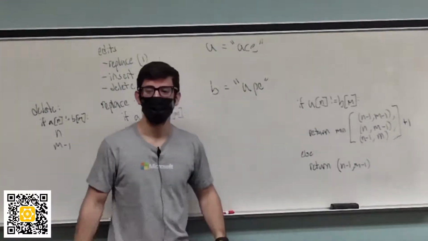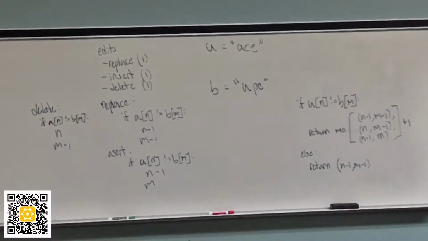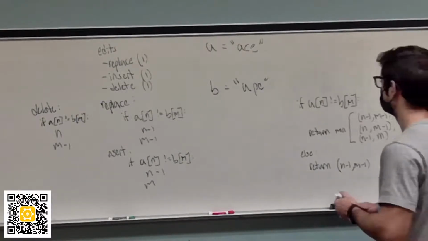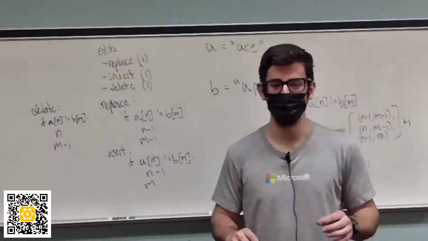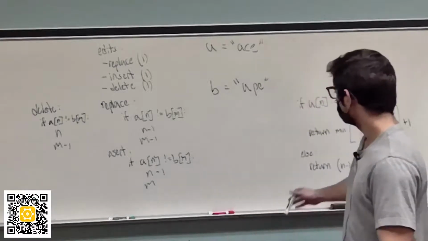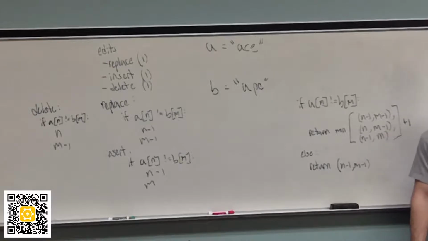Okay, he has an idea. If n, oh wait, we're actually indexing n, so that means 0 is a length so far of 1. So if n is less than 0, return m. Exactly. Well, actually, if they're both less than 0, return 0. That's a lot of ifs and else ifs, so we can simplify it just a little bit, but it's exactly what you're saying. If, for example, n is equal to 0 and m still has some characters, let's return m.